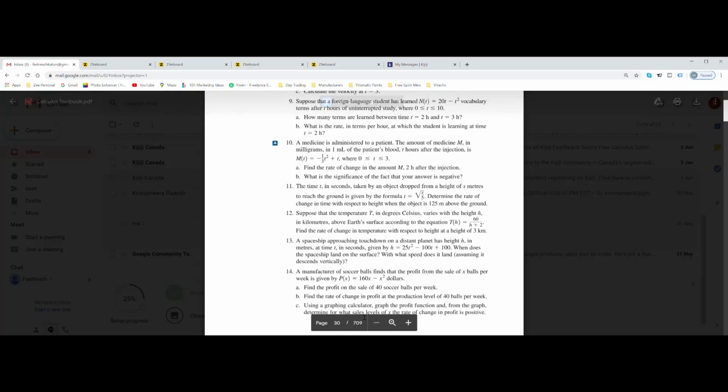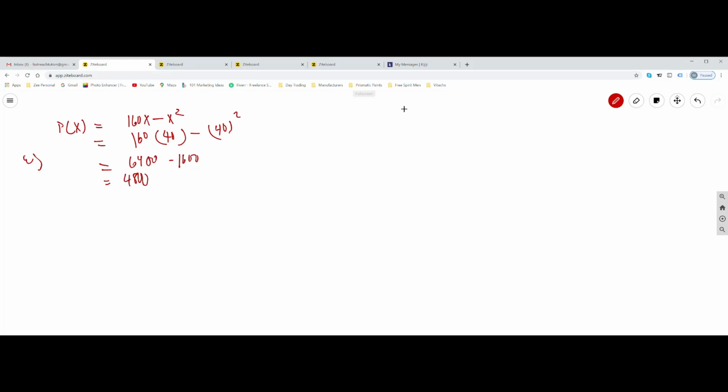B. Find the rate. So now we have to do the limit. So for 40, we have 40 plus h: 160 times 40 plus h minus 40 plus h squared minus 4,800.